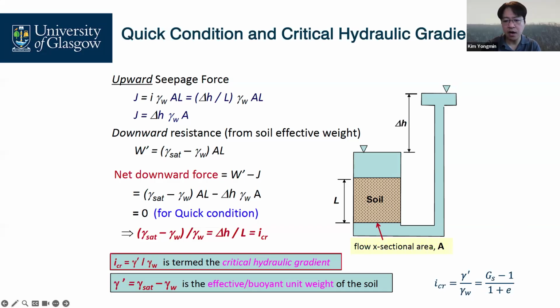So in order to figure out the critical state that does not cause soil failure, let's compare these two: the seepage force and the effective stress. We assume that these two forces are the same, then we can obtain the critical state of the conditions.